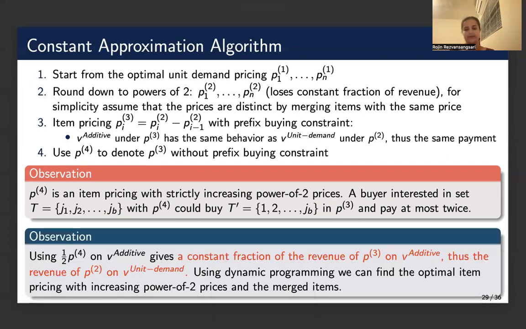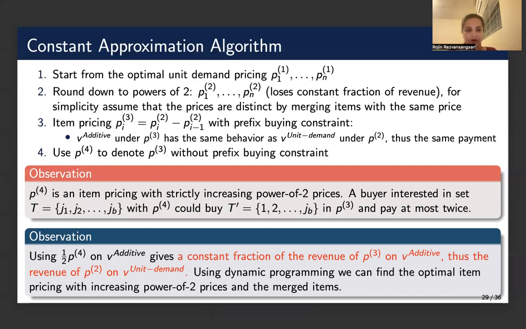Now, knowing this, using some well-known nudging lemmas, because the prices of P3 and P4 are close on any set, we can conclude that there is a scaling of P4 on additive buyer that gives a constant fraction of revenue of P3. For example, a scaling of half.